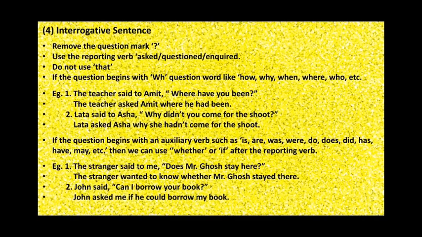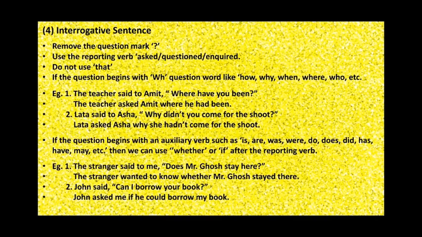Here we have removed the question mark because this sentence is not acting as a question, because somebody else is reporting the same sentence. And instead of said, we have asked.